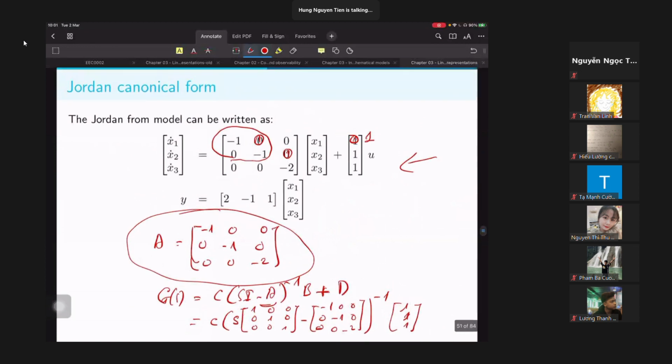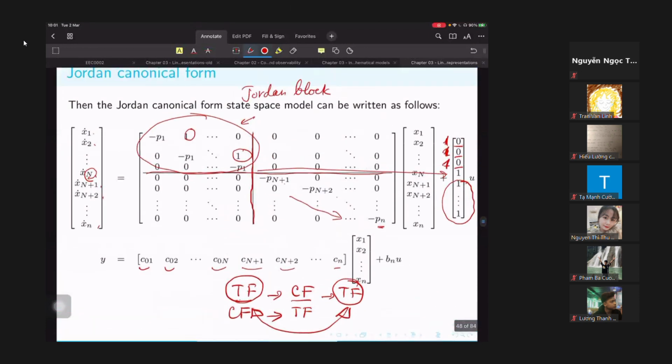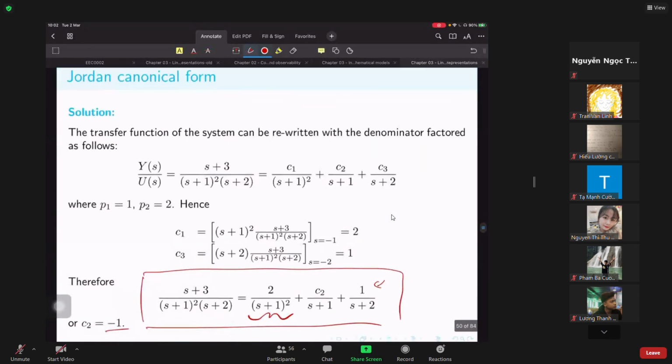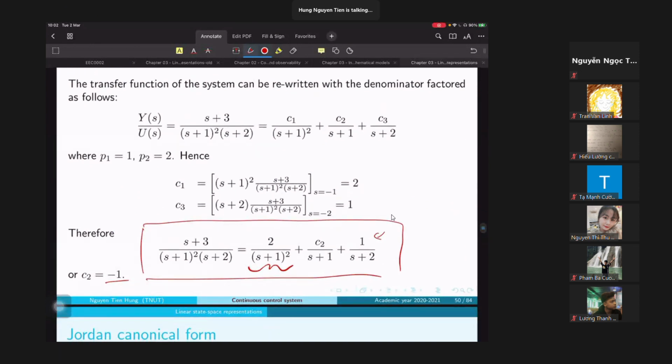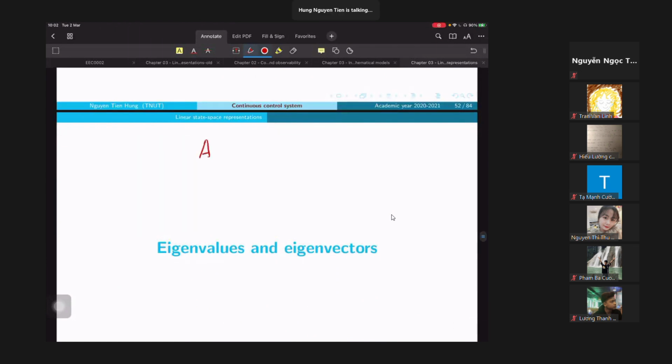I don't know whether you learned this in calculus 1 or 2, but we do not care about C or D here; we do care about A, the system matrix A. If the matrix A is not in a Jordan form, or not in, for example, a controllable canonical form, observable canonical form, or diagonal canonical form, then we can transform it into the canonical form.